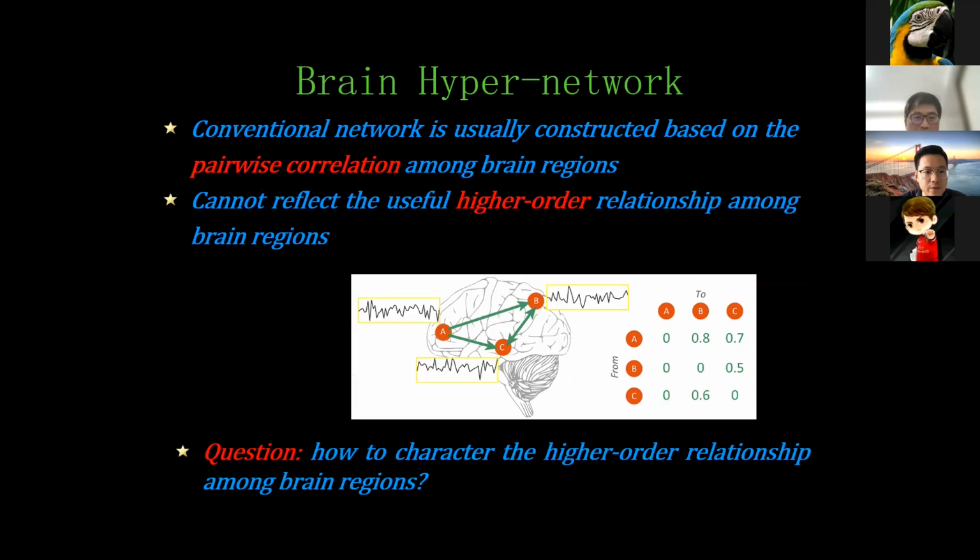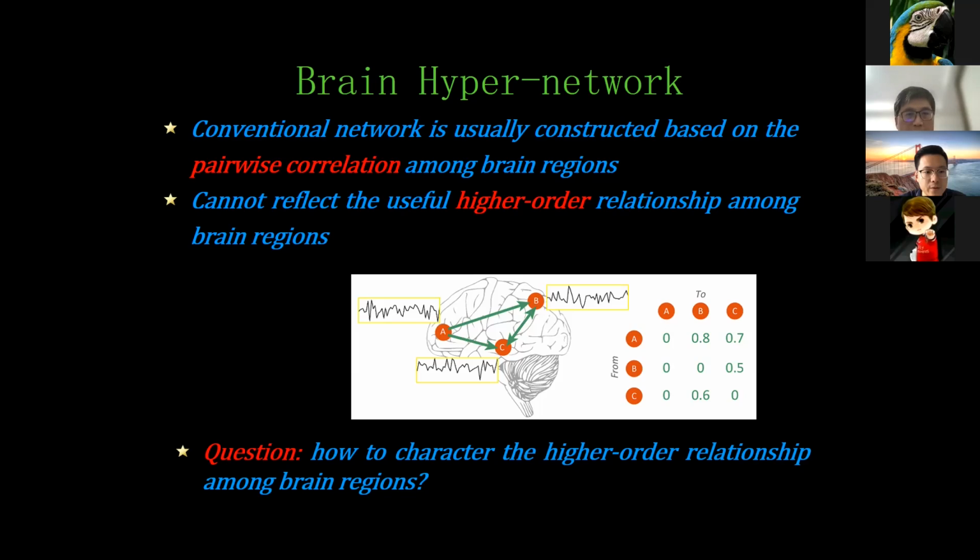For example, here in this figure, A, B, C are different brain regions, and for each region, we compute the average time series for all the voxels in this region, and we perform the Pearson correlation between the average time series in region A and the average time series in region B, and use the Pearson correlation coefficient as the weight of the network.